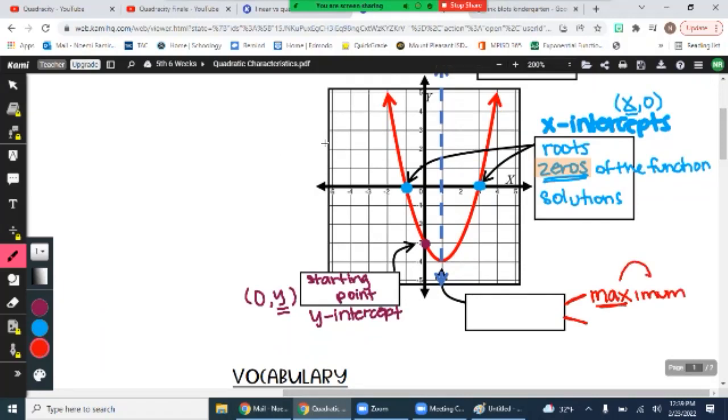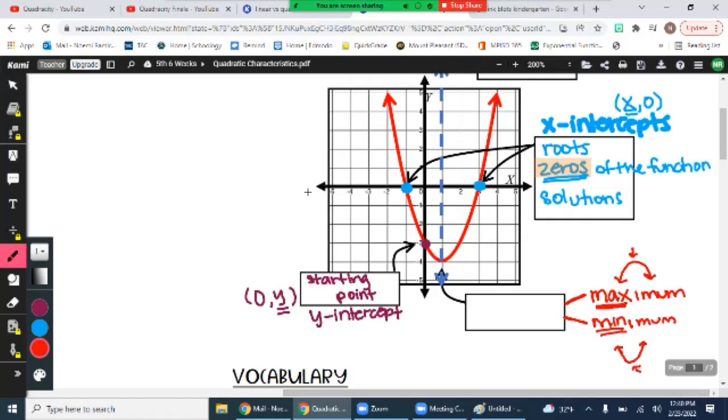Maximum refers to the highest point on a parabola. But if we're talking about the lowest point, it would be minimum. Minimum is referring to the lowest point on the parabola.